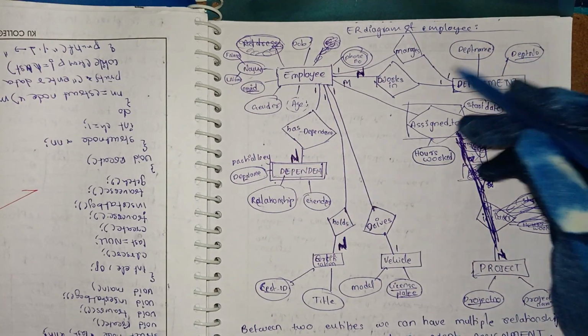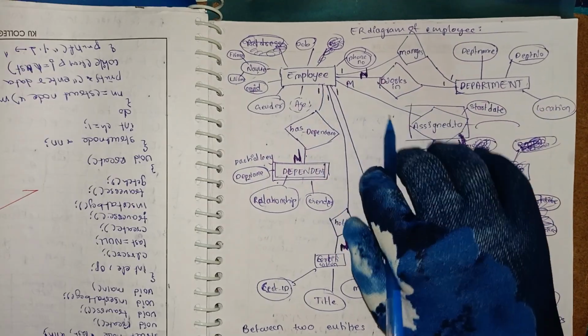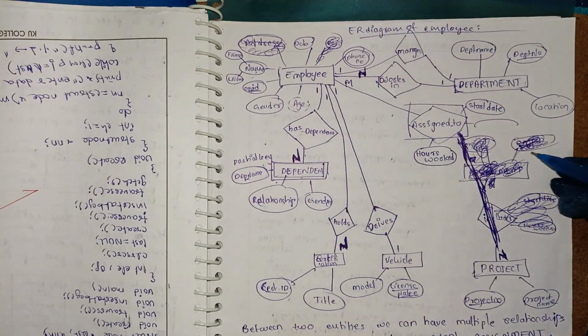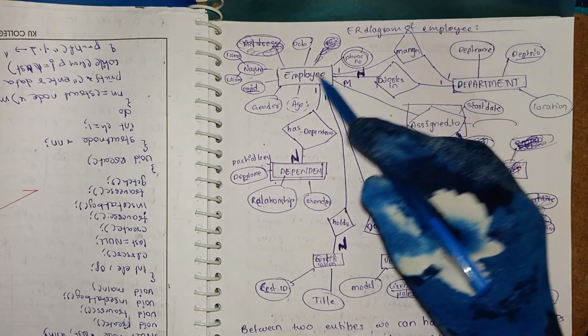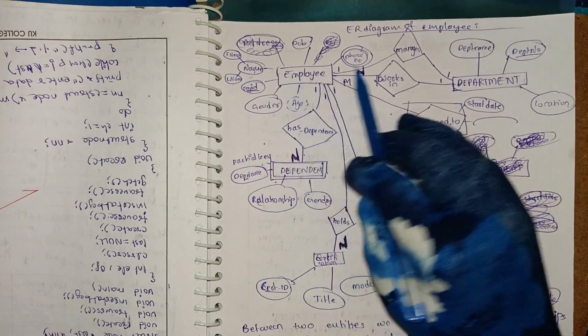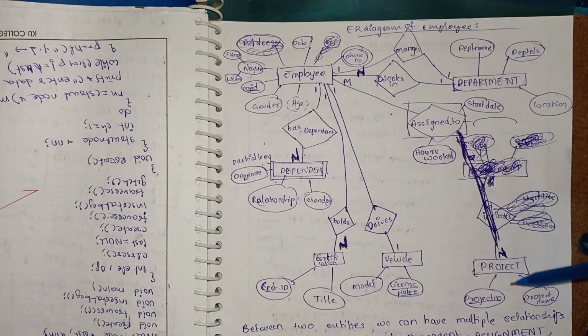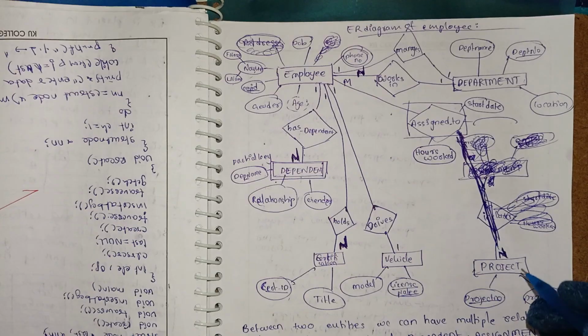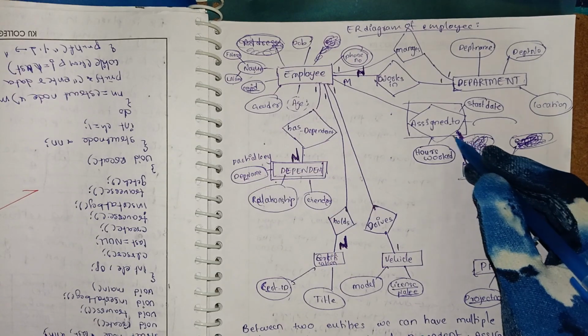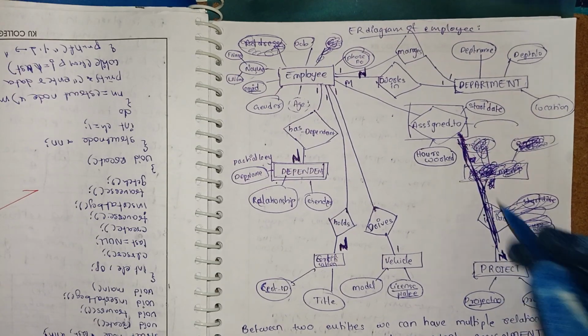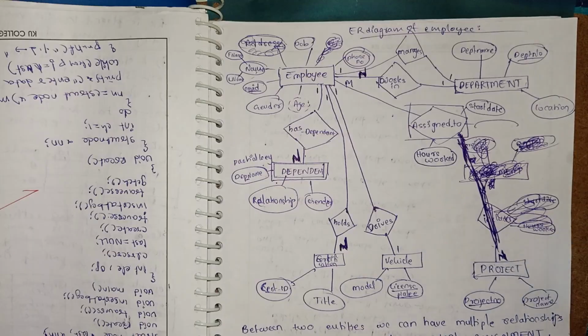So from employee, it is not clear, that's why I am explaining this. Employee assigned to project. Okay. Nothing is there here. Only a single line is there, from assigned to project. Okay.